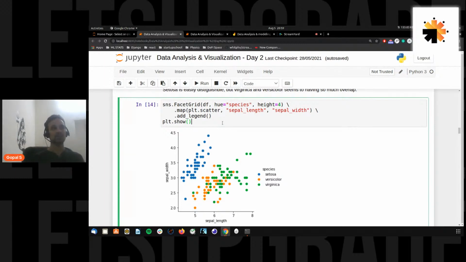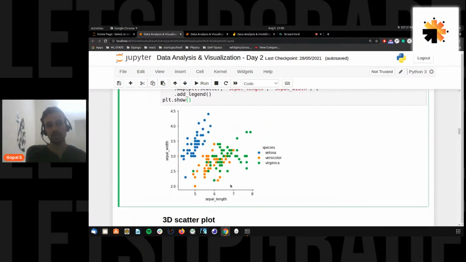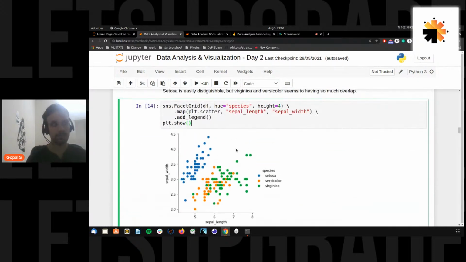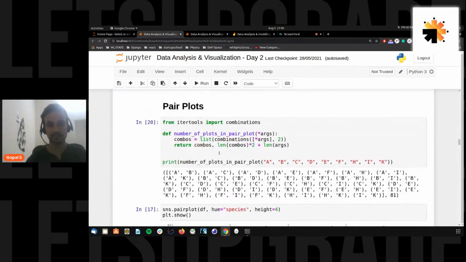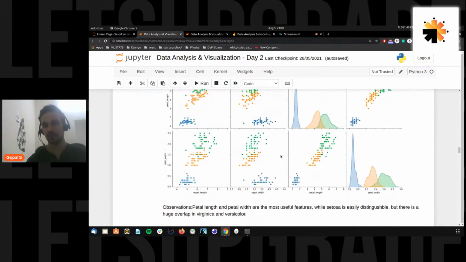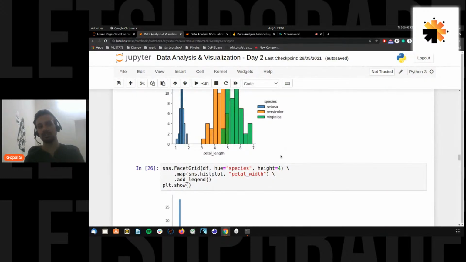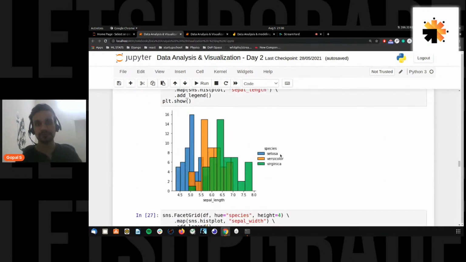But it helps you plot different sorts of plots like pair plots and distribution plots. Sorry, this is actually a scatter plot, but you can do the same with matplotlib, plt.scatter, passing setosa, versicolor and virginica, then pass the label values, and you should be good to go. All right. Then, of course, the pair plots as well, but it won't be possible to cover everything in this session. Sorry for that.